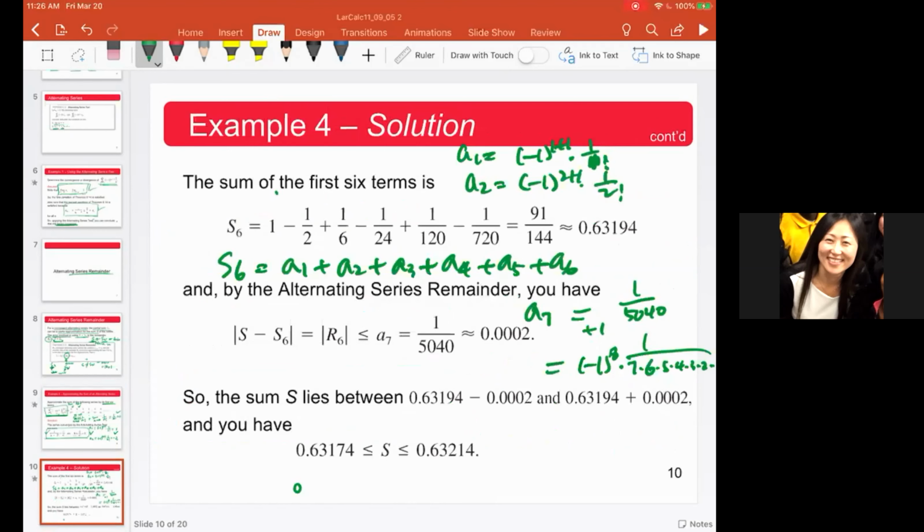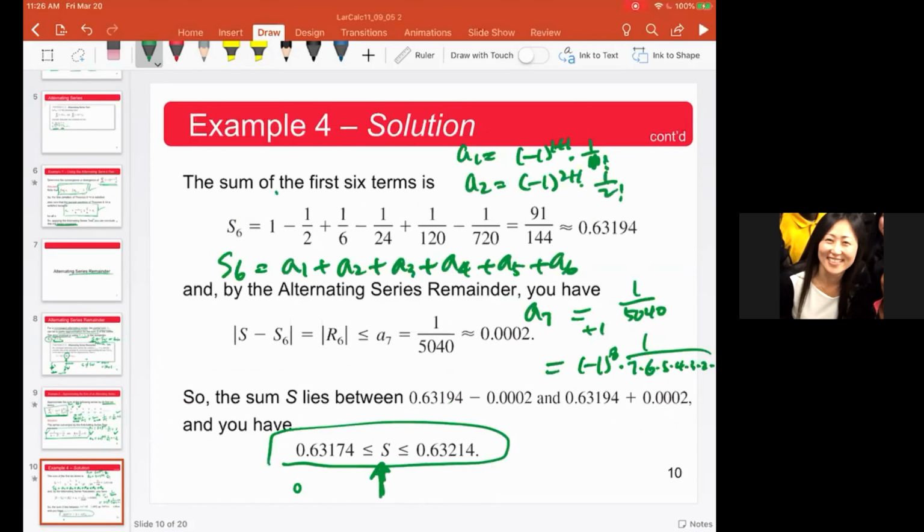Yes, ma'am. Okay, so this is very important, by the way. This is telling you I can find the bounds of an infinite series when I sum it up.